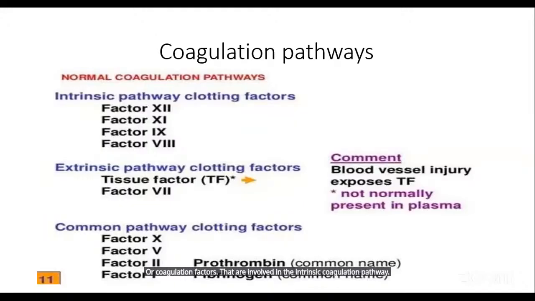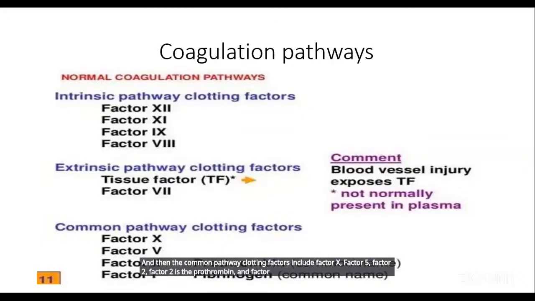They include factor 12, factor 11, factor 9, and factor 8. Extrinsic coagulation pathway factors include tissue factor, which is also the factor 3, and also the factor 7. And then the common pathway clotting factors include factor 10, factor 5, factor 2. Factor 2 is the prothrombin, and factor 1, which is the fibrinogen.